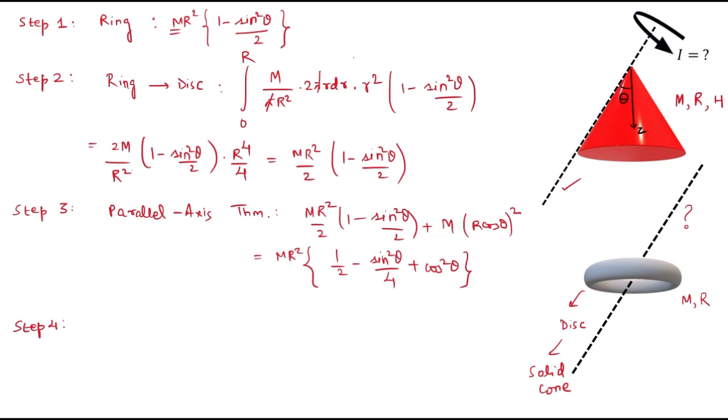So therefore my final answer will be integral. Now for the mass, I will first write down the density of the solid cone multiplied by the elemental volume of the disk.